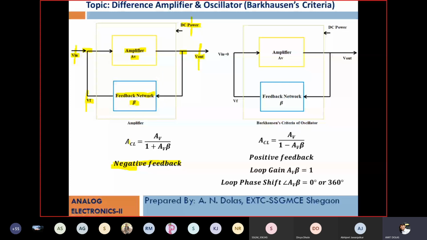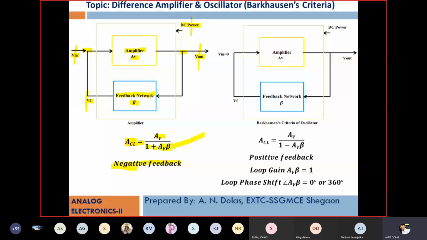The closed loop gain ACL is equal to the gain of the amplifier, AV, divided by 1 plus AV into beta. AV into beta is nothing but the loop gain. AV is the individual gain of the amplifier, beta is the feedback factor.